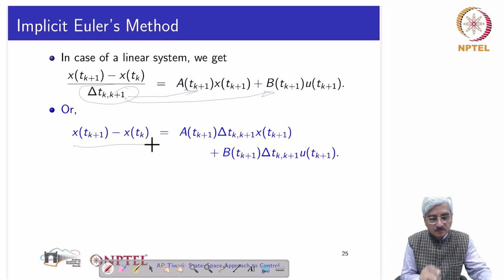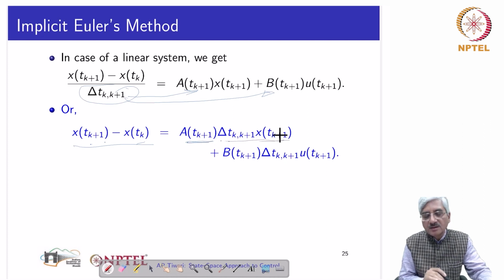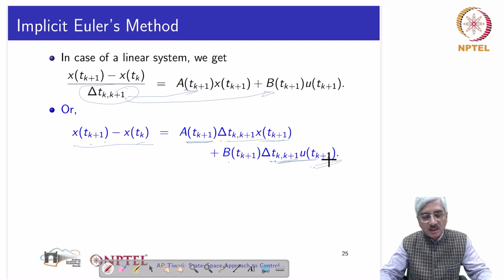So the left hand side becomes the difference of the values of state at the two consecutive time steps tk plus 1 and tk. A evaluated at tk plus 1 and delta t between the two time instants, plus B into delta t between the two time instants and the value of input at the end of the time step.